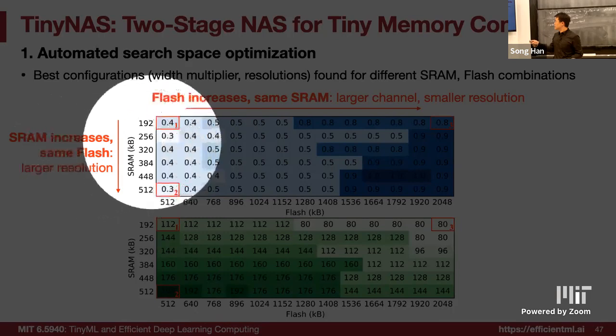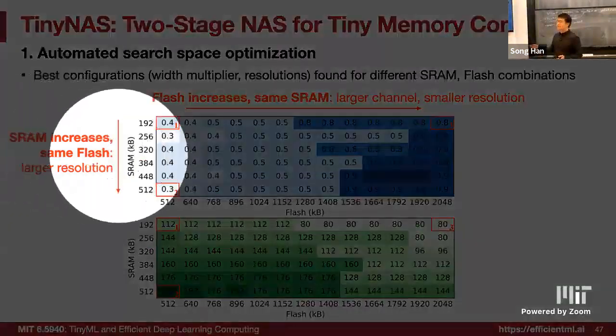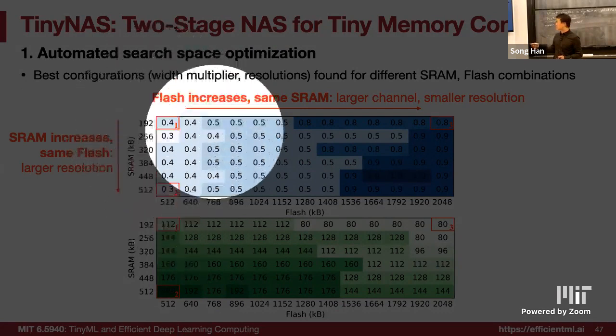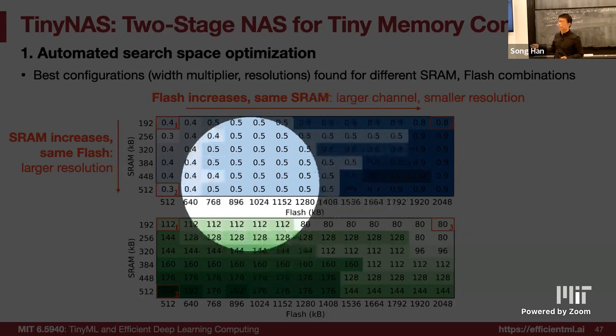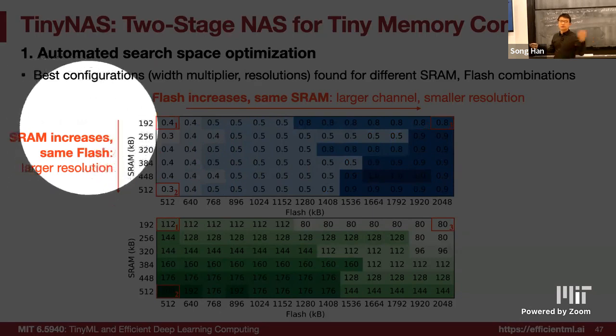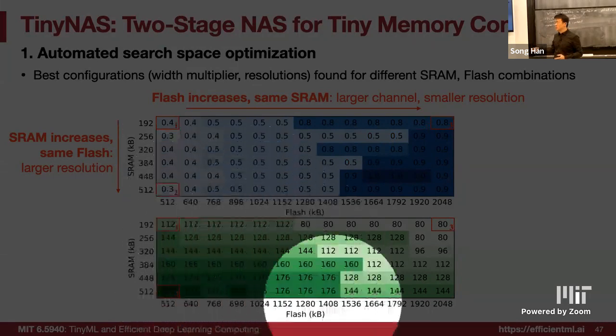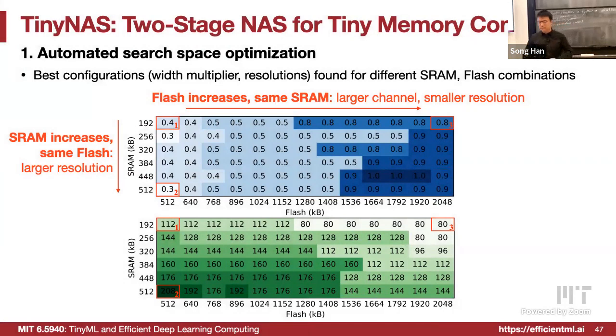But the flash stores the weights, so the weights stay the same, and the width roughly stays the same across the different columns of the blue figure. Since the SRAM gets larger, you can fit a larger feature map, larger resolution. So across the column dimension here, you can see the resolution actually increased. So this figure gives you some intuition about the intertwining relationship between SRAM and flash, activation, weight, channel, and resolution.